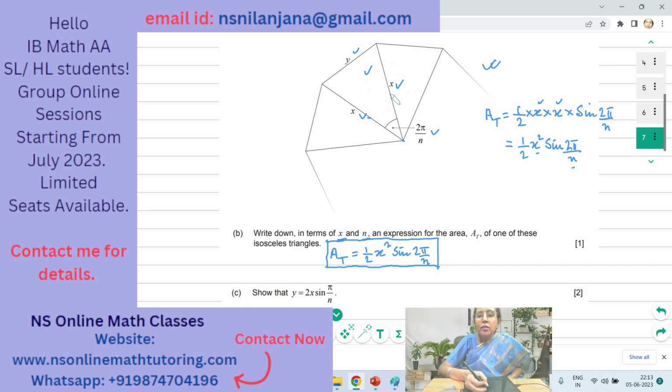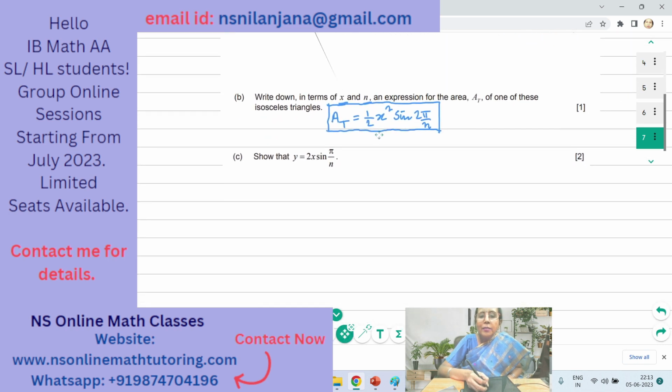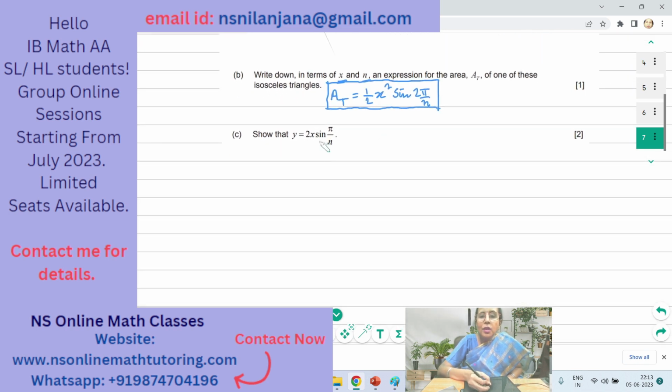This n-sided regular polygon has been divided into n isosceles triangles, and this is the third side of any of the n isosceles triangles. Okay, so we have to get the expression of y in terms of x and n.